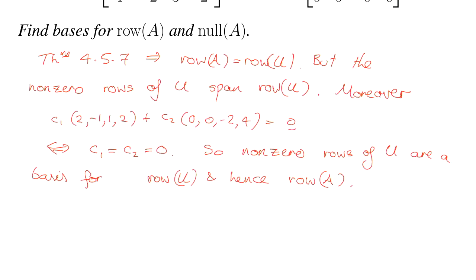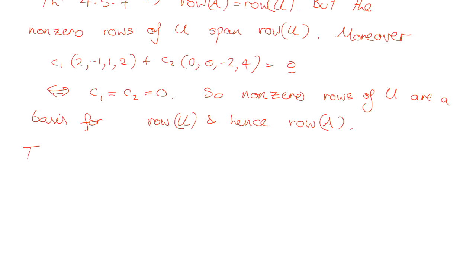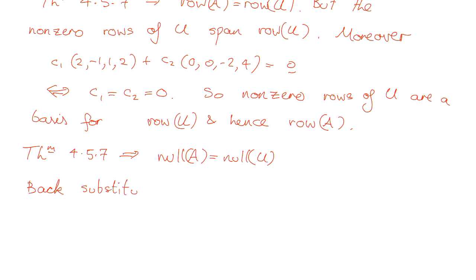Okay. So let's think about the null space now. So again, we don't need to think about the null space of A. We can think about the null space of U because they're equal. So we can just find a basis for the null space of U by back substitution.